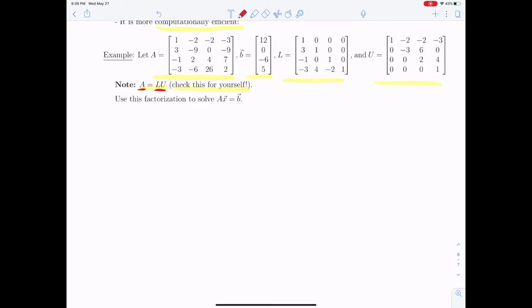Now, we're going to use this factorization to solve the non-homogeneous matrix equation.